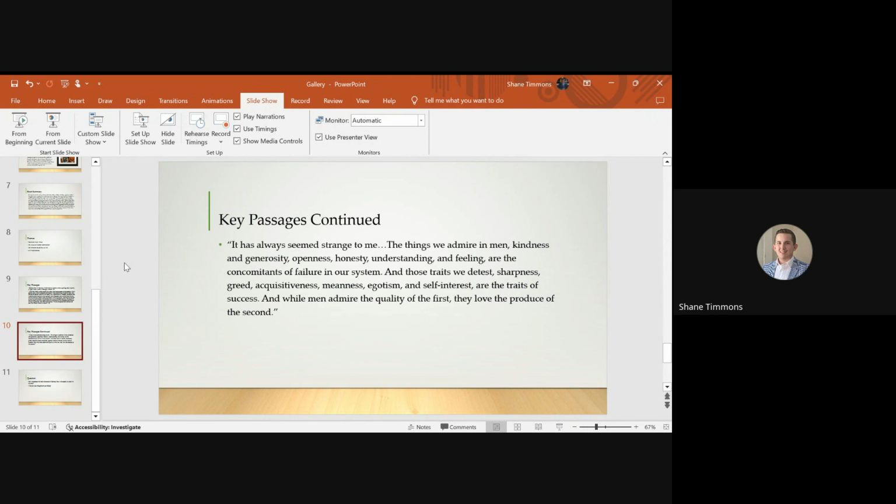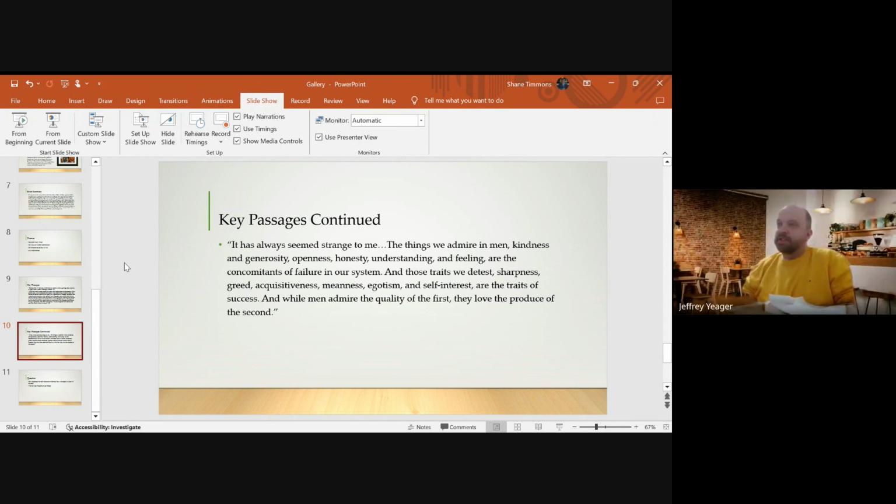And does anybody have any comments on that? Yeah, it reminds me of Nietzsche. This quote reminds me of Nietzsche, right?